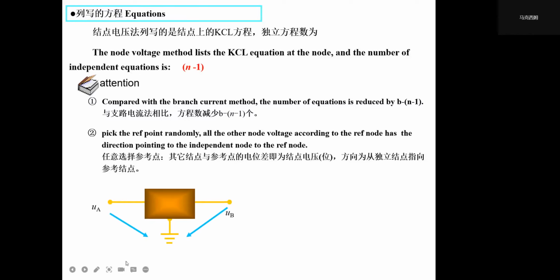Let's see if we have this kind of network here, and UA means the voltage between point A and the ground point, and UB is the voltage difference between point B and the ground point.